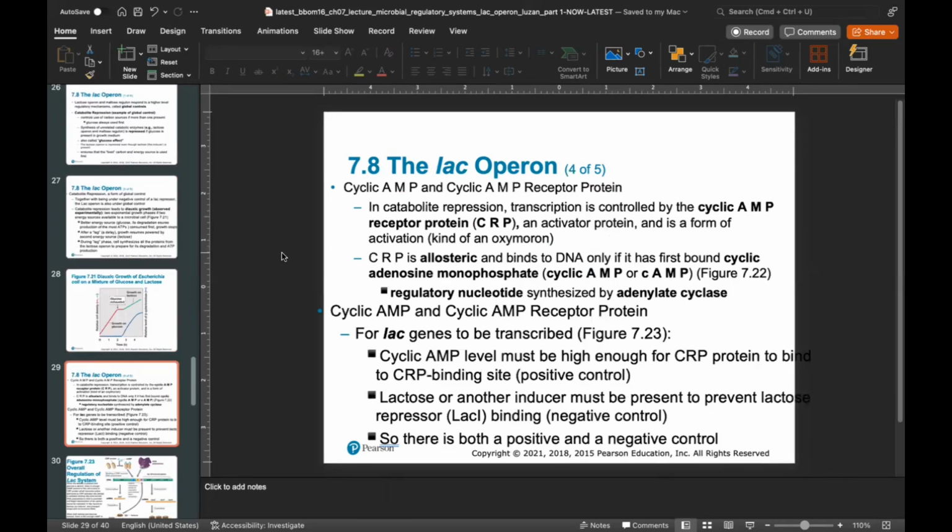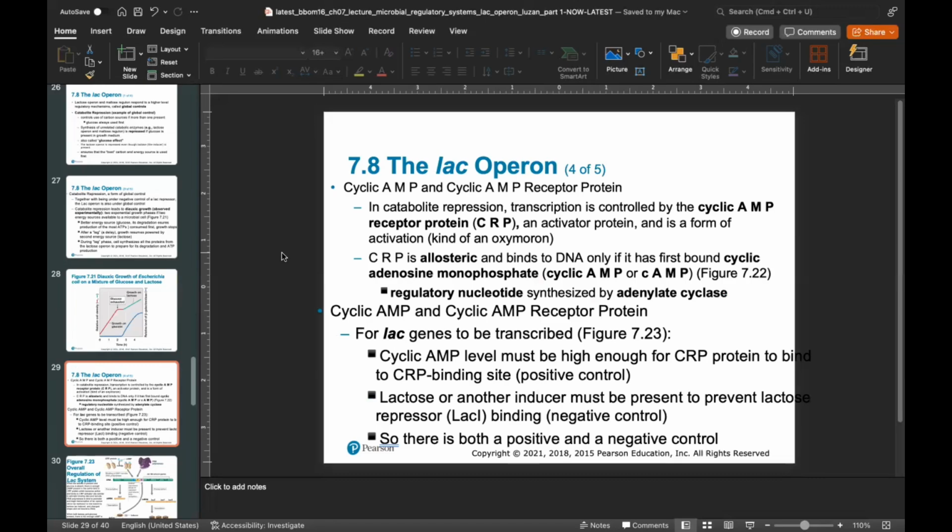The lac operon, cyclic AMP and the cyclic AMP receptor protein. In catabolite repression, transcription is controlled by the cyclic AMP receptor protein, CRP, an activator protein, and it's a form of activation, which is kind of an oxymoron.